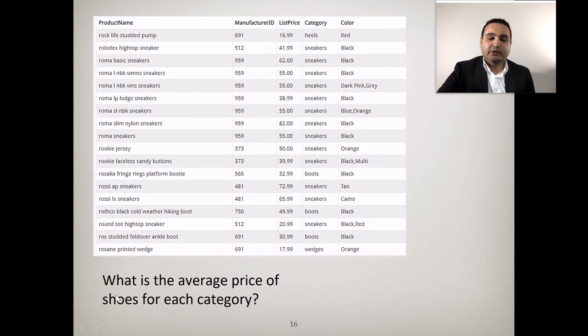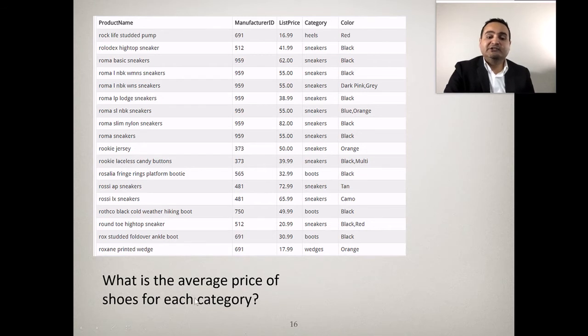Here, just a quick overview of what we will expect to do. What is the average price of shoes for each category? The same thing. When a question has for each, that's another keyword that indicates we need to use a group by.